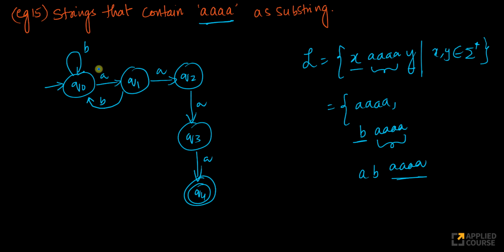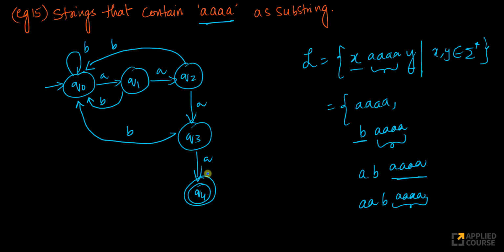AA will take me to this state. If I get a B now, where should I go back to? Again, if I get a B, I need to get 4 more A's for this word to be accepted. Which means when I get a B, I should just go back to the initial state itself. Similarly, the same logic applies here also. If I get a B, I should just go to this state.